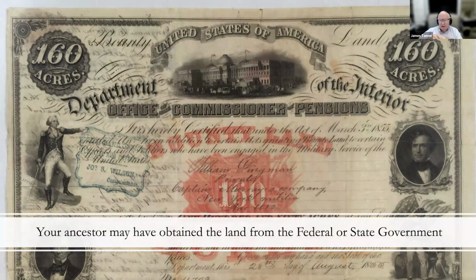Also, there are the bounty land records. But this is an example of a 160-acre transfer on a bounty land service office. So it's possible that something like this could be the origin of your person's land.